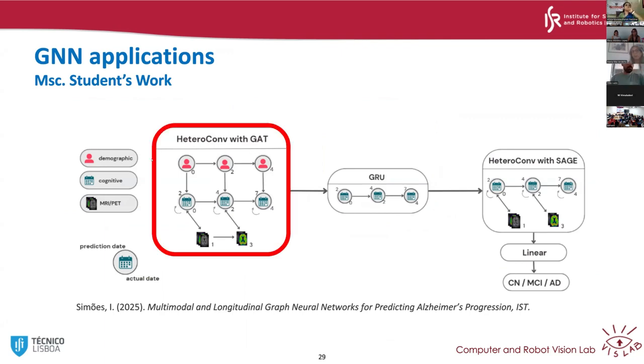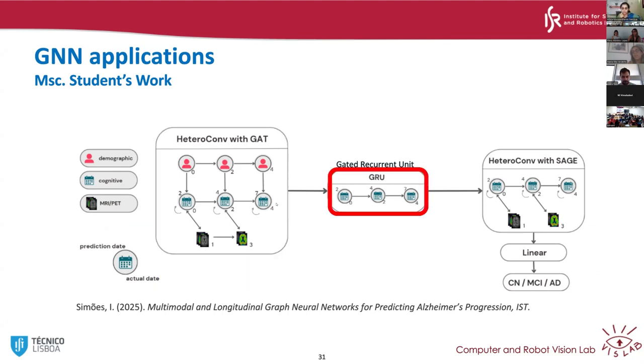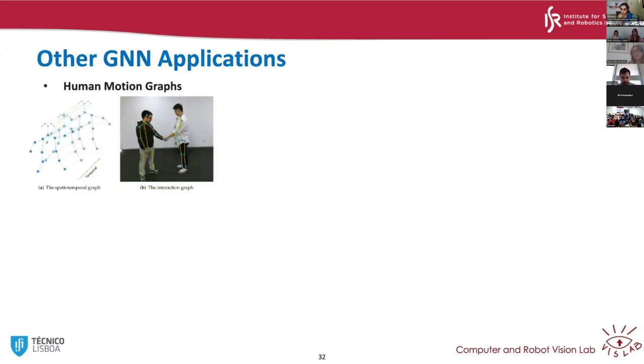In this first part, we receive demographic information, cognitive information, and images, MRI and PET information, and we combine it using time. So here, it's the first appointment of the patient and the second, and so on.